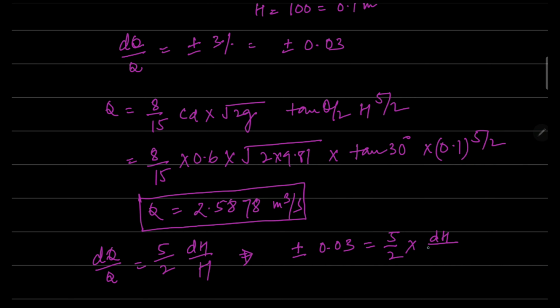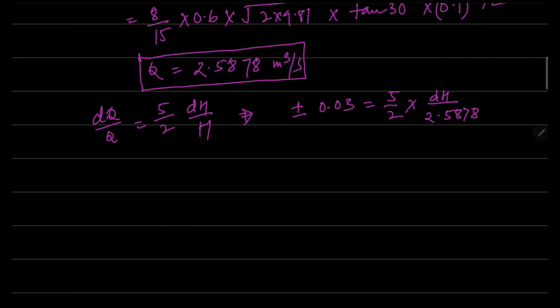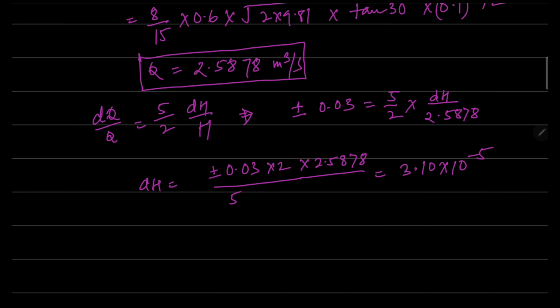So dh divided by h is equal to 0.03 plus minus, multiplied by 2 divided by 5 and then multiplied by 2.5878. This is 3.10 times 10 to the power minus 5. So dh is this much in meters.